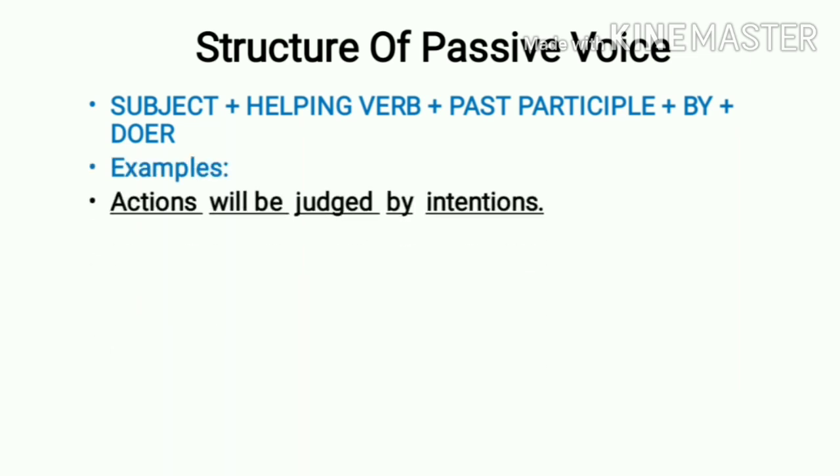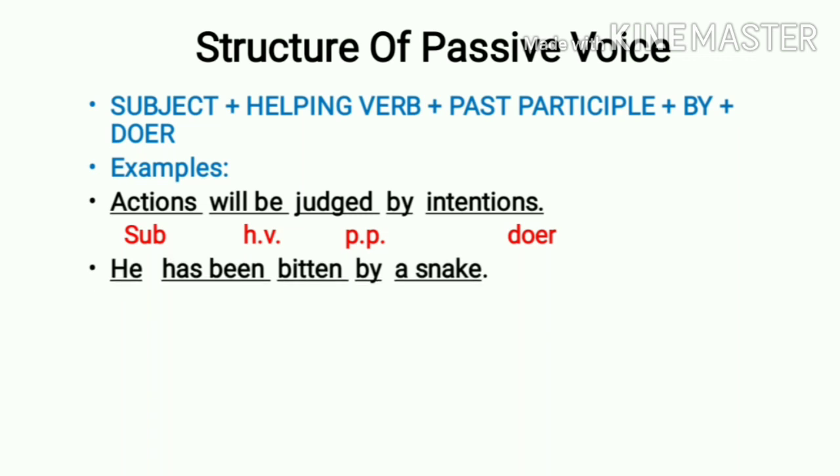Examples. Actions will be judged by intentions. Actions is subject. Will be is helping verb. Judged, that is past participle. And intentions, that is doer. Doer means the person or the thing performing the action. He has been bitten by a snake.